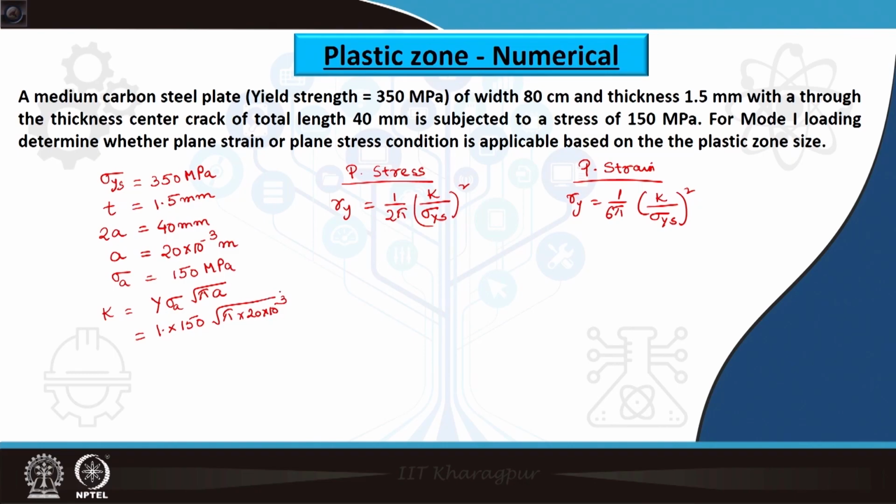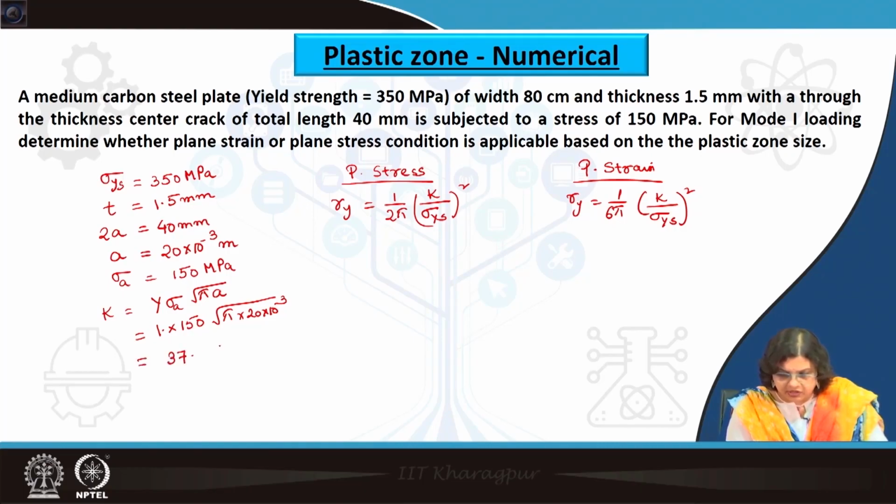So, if we simply solve this, it comes around 37.6 MPa root meter.